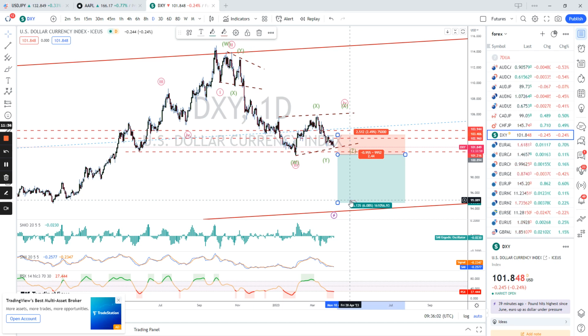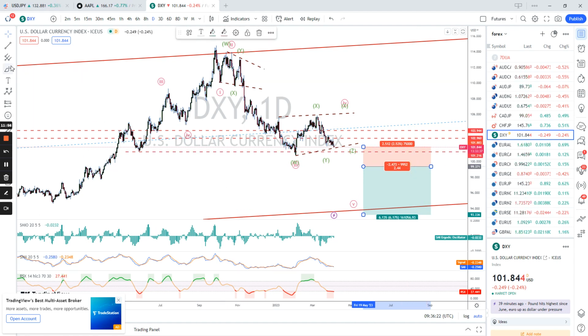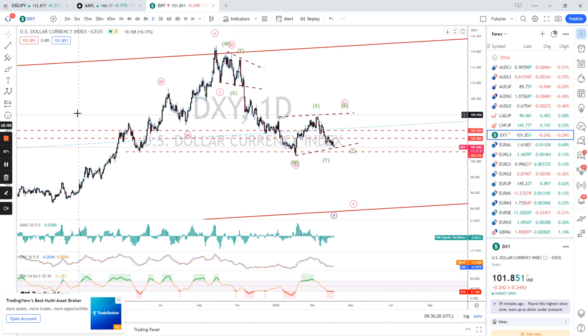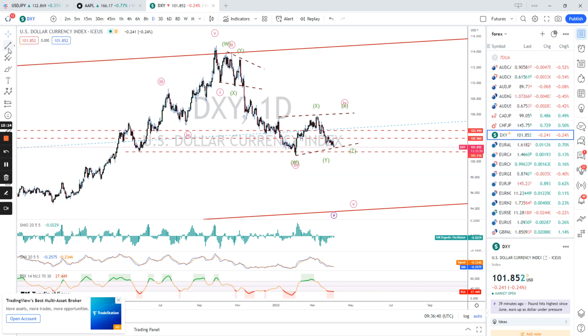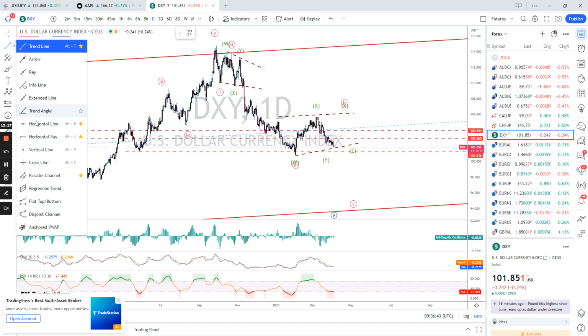Okay, in the case that this will prove to be a strong support, and that we get a break higher, a bounce higher, sorry, from here on, I will remove this for the moment, as we do expect, like the counts indicating, this to be the complex triple combo wave and not anything else.